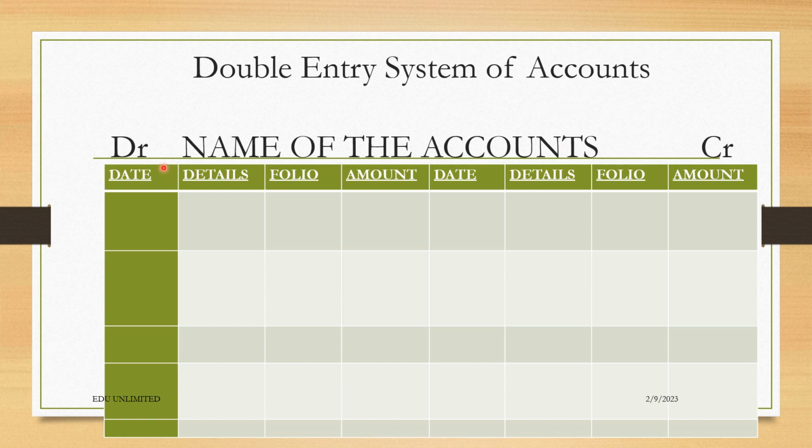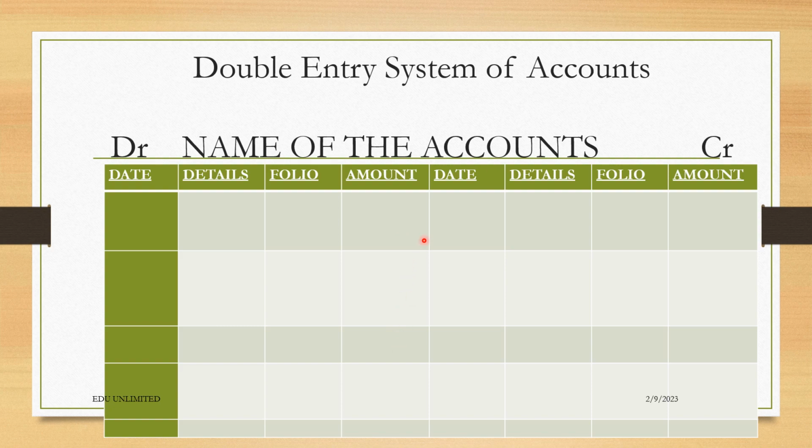On this side, a column is there for date. The column beside date, as we follow the cursor, is normally called details or particulars. The column beside the details column is called folio, and the column beside the folio column is called the amount.